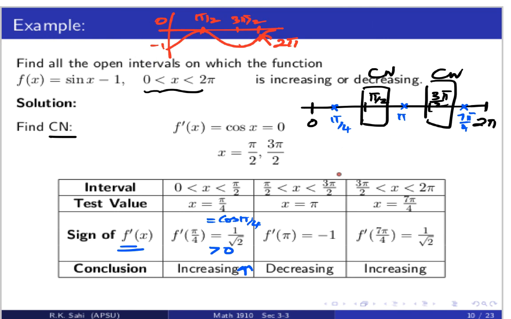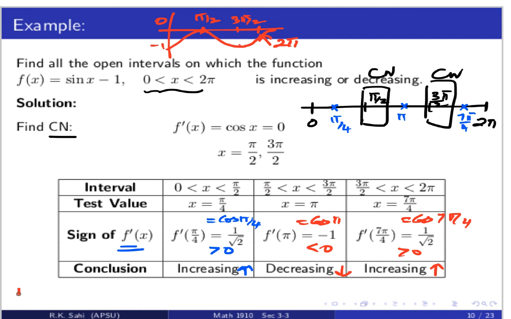Okay, so let's look at when we evaluate the derivative of the function at pi. That means cosine pi, which is minus 1, negative. Now evaluate the derivative of the function at 7 pi fourths, which is cosine 7 pi fourths, 1 over square root 2, positive, increasing in the interval from 3 pi halves to 2 pi and decreasing in the interval from pi halves to 3 pi halves.